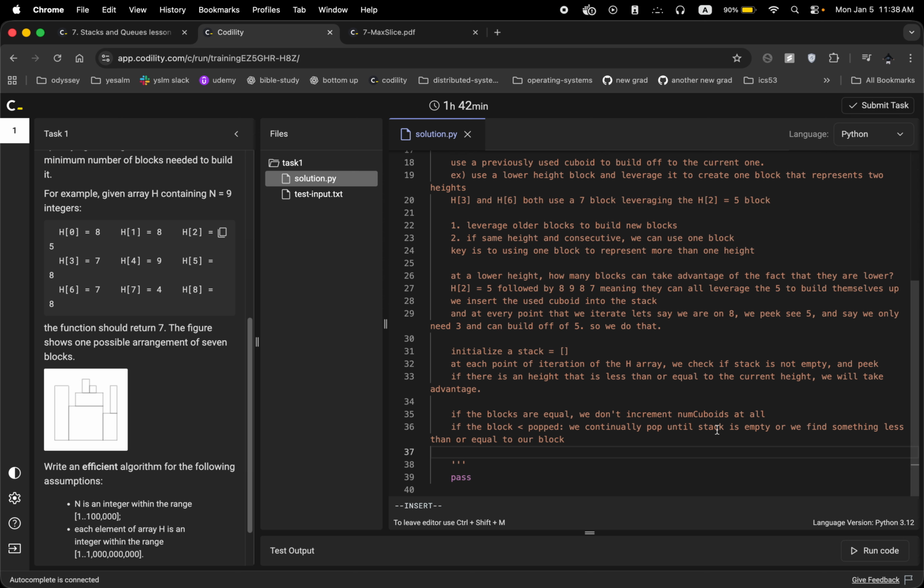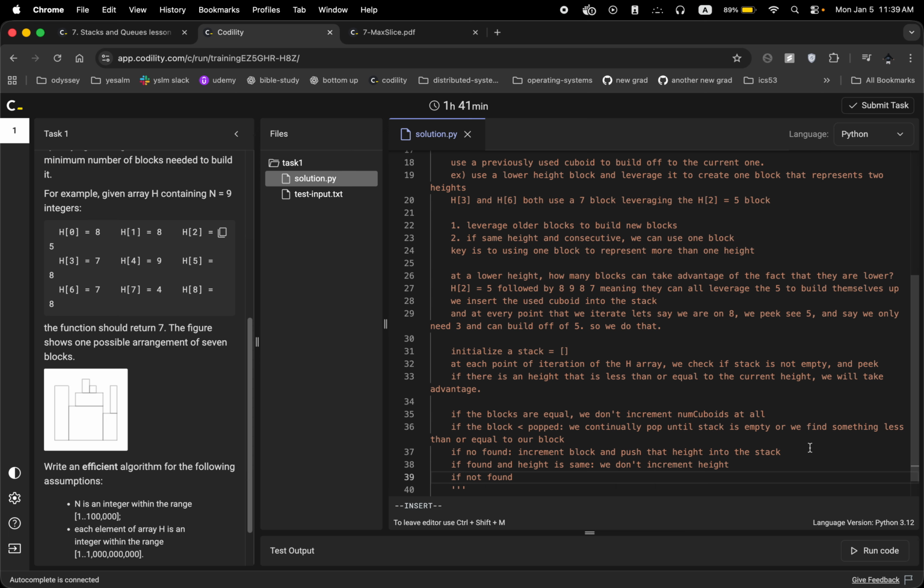So if we don't find anything, if not found, increment block and push that height into the stack. If found and height is same, we don't increment height.